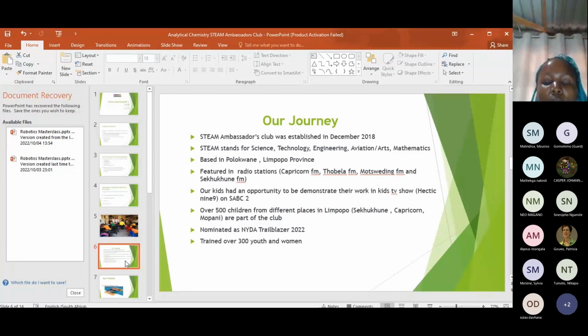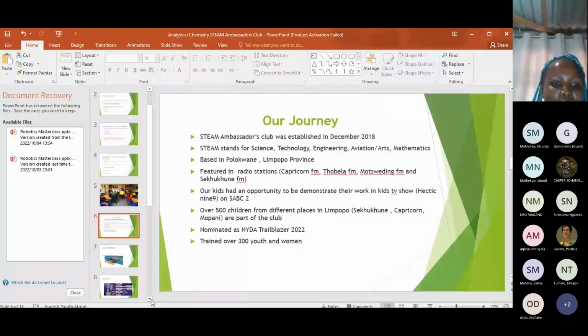We also help them with reading skills, and with innovating robotics from recycled materials, so that they do not just think robotics is done with Lego. They should know that I can use any other material to create my robot.